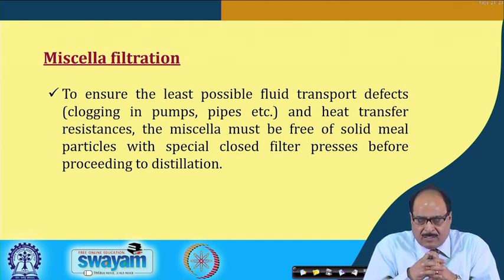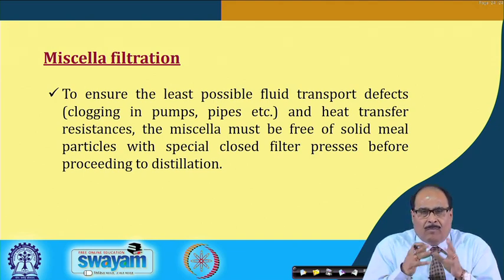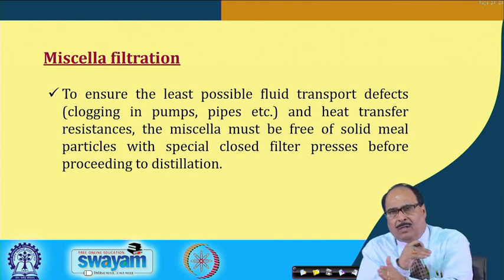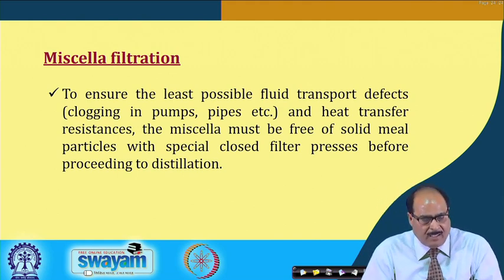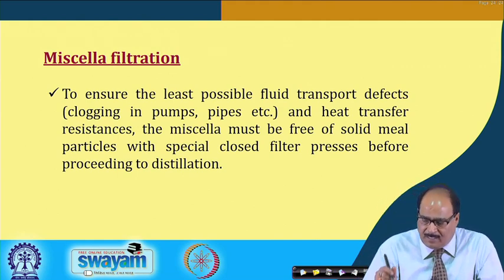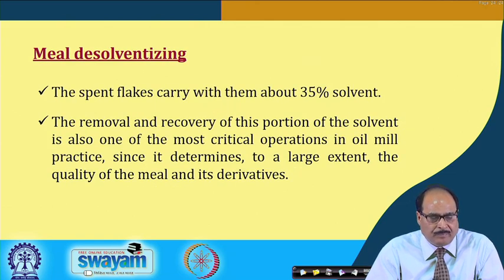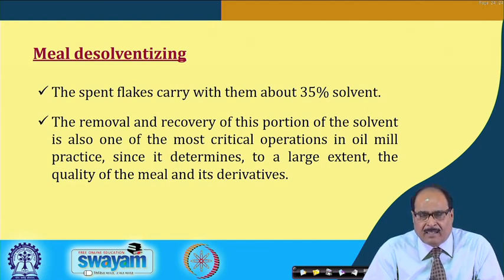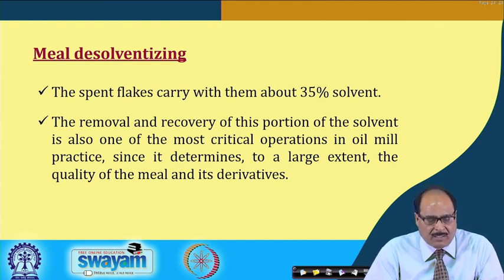So, the miscela must be free from solid meal particles, and special closed filter presses are used for this purpose. Before it is put to the distillation unit, it is filtered and all the solids are removed from it. Then the meal, as you have seen earlier, contains around 30 to 35% solvent.